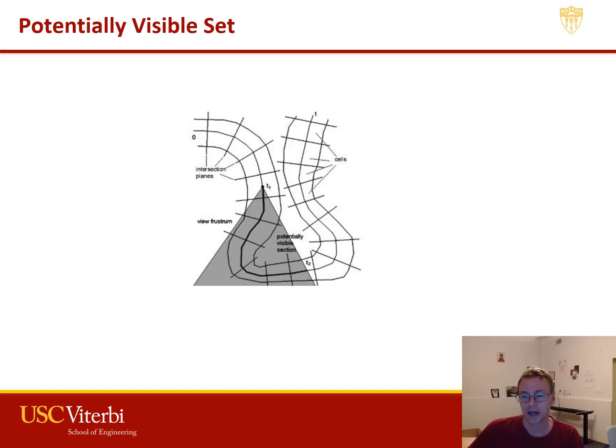So that tells me that these sections are potentially visible when the camera's in that particular zone, but these cells over here are never visible if the camera is in this zone. So this gives us the opportunity of a very efficient culling algorithm.